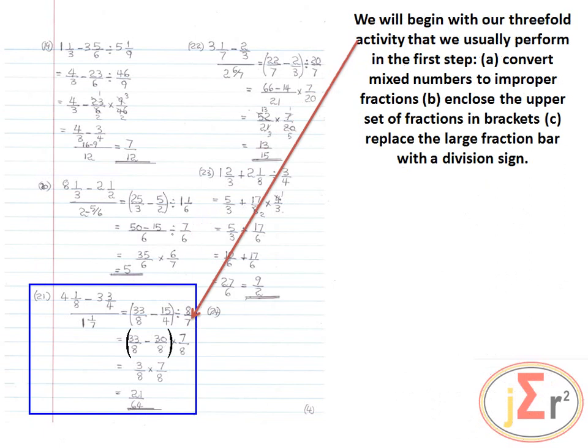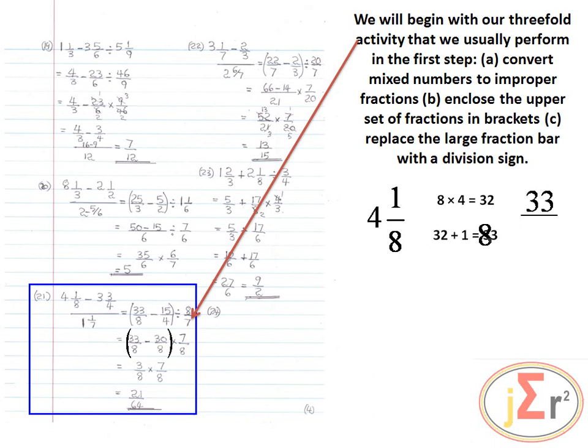We will begin with our threefold activity. We are so accustomed to it that we can give it a name. Threefold activity. And we know the threefold activity: convert mixed numbers to improper fractions, enclose the upper set of fractions with brackets, and replace the large fraction bar with a division sign. So what do we do first? 8 times 4 is 32. 32 plus 1 is 33.